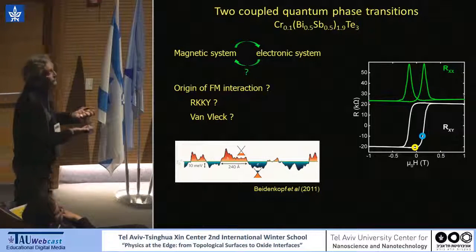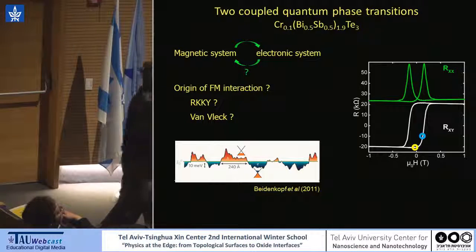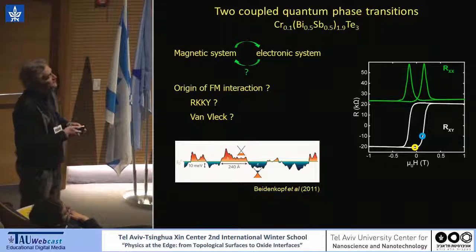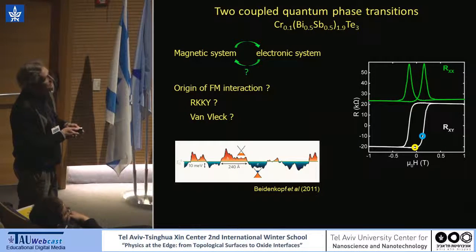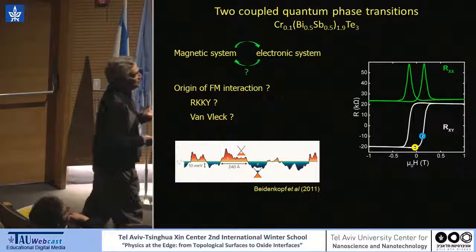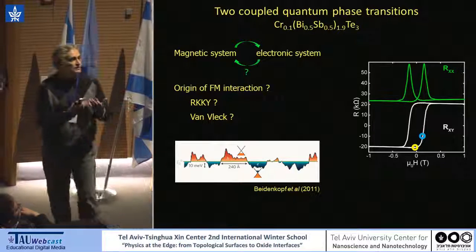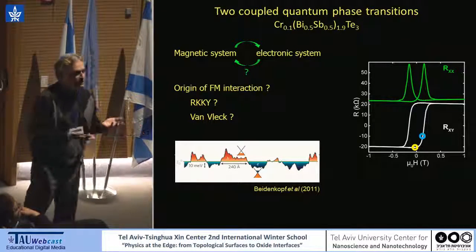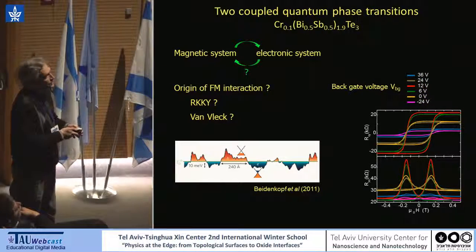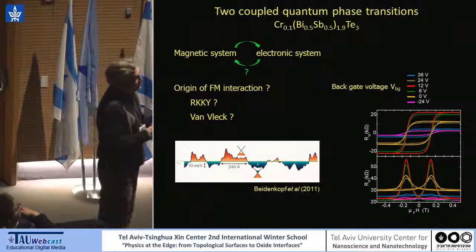We also have to keep in mind that everything is quite inhomogeneous, as is known from STM and other studies. So if we again think of electron puddles, then the size of these electron puddles should be very sensitive to the Fermi energy. So now what we can do next is to change the backgate and see what happens to this ferromagnetic structure. If you look at the global transition, these are for different backgates.